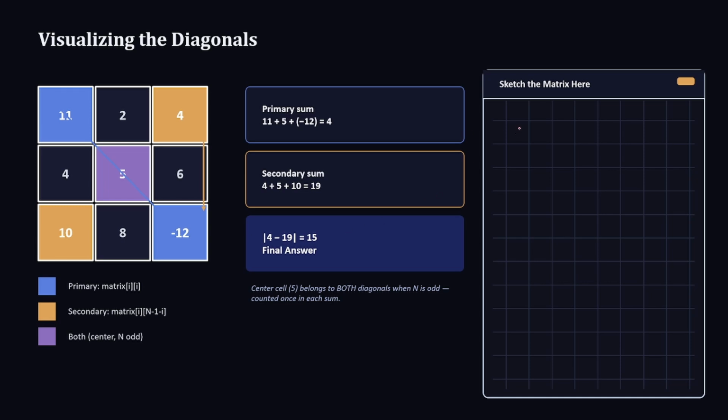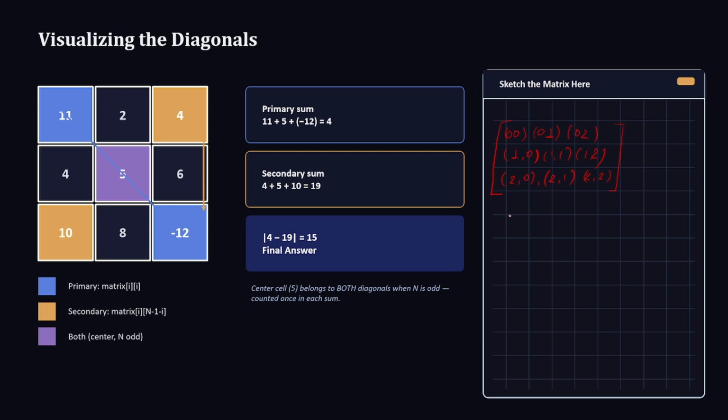We sketch the matrix in index form, starting from 0. Now observe that these are the indices of the matrix. Now observe the primary diagonal. These are the indices of the matrix in which we observe the primary diagonal elements.